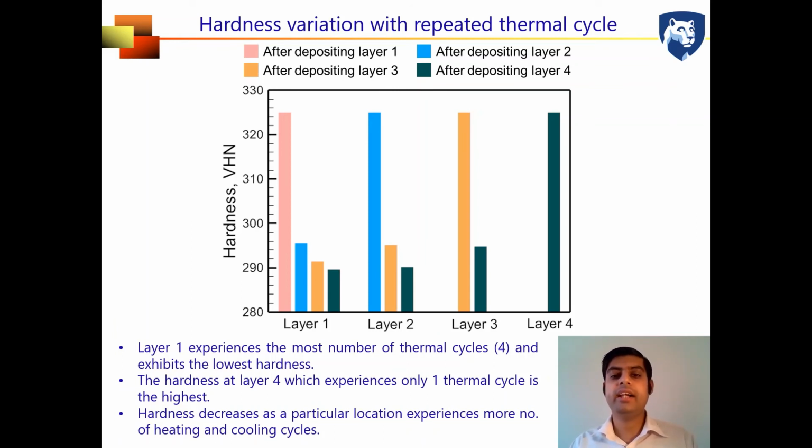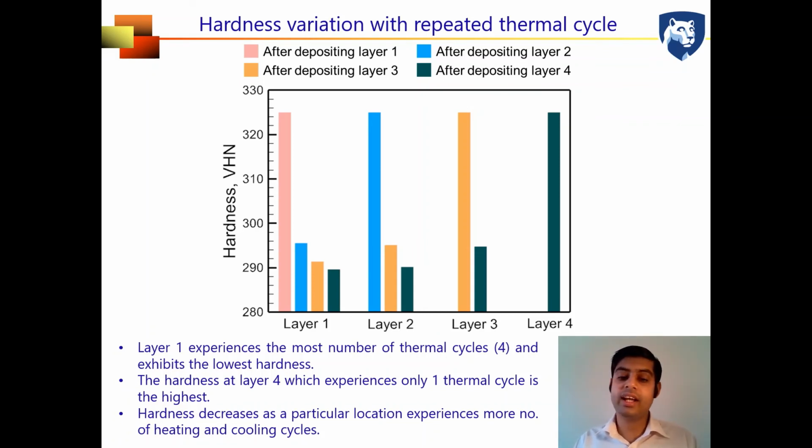But at all locations, at each layer, the hardness decreases as it experiences more number of thermal cycles. As you see, layer 1, the hardness drops while depositing first, second, third and fourth layer. Same thing you can see for the second layer, third layer and the fourth layer.